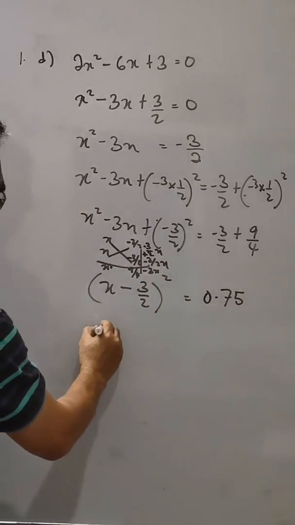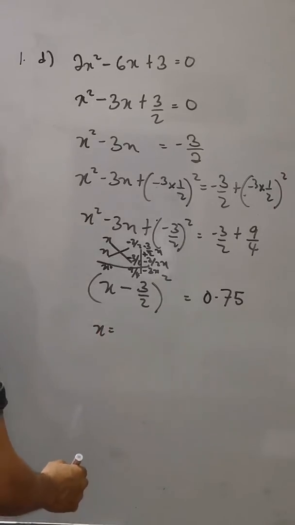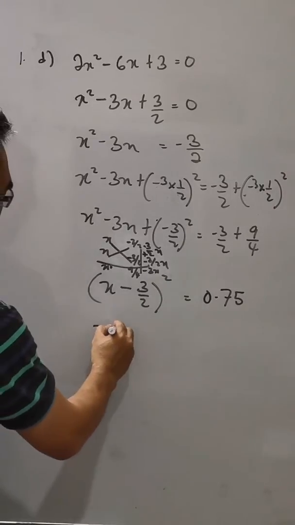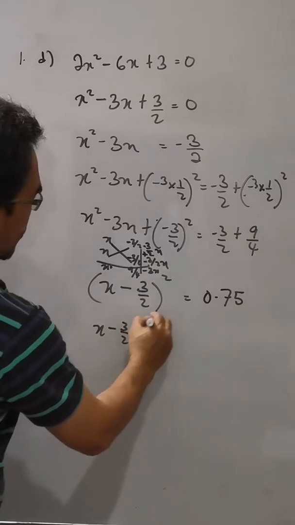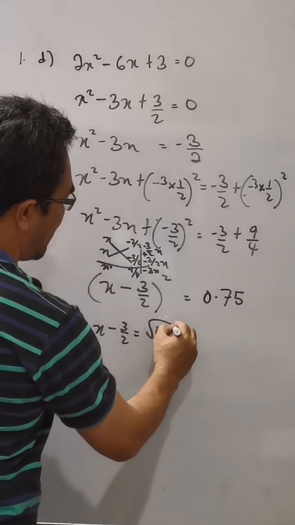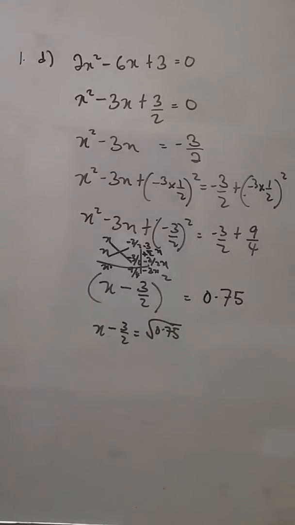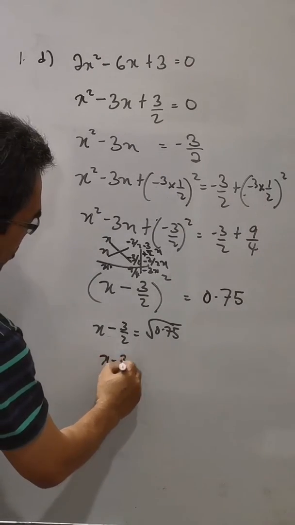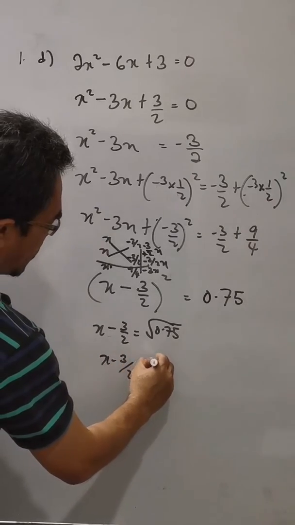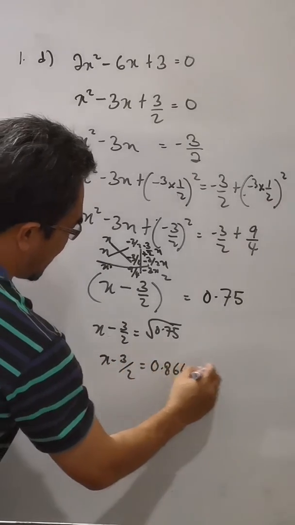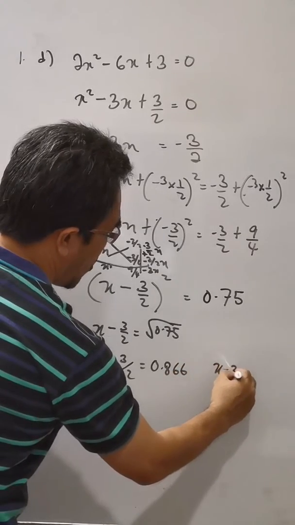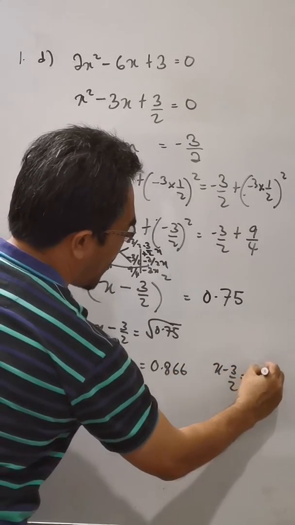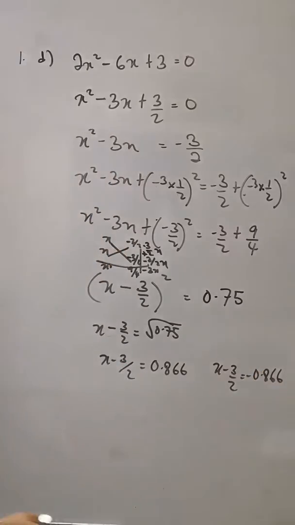Okay, so x minus 3 over 2 equal to the square root of 0.75. The square root of 0.75 will be 0.8660. So we say x minus 3 over 2 equals 0.866, and x minus 3 over 2 equals negative 0.866.